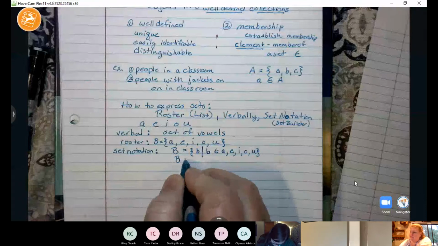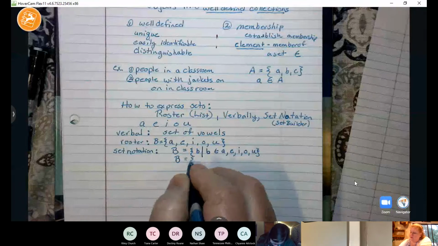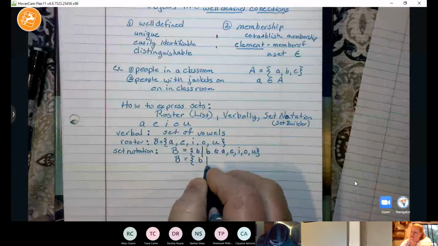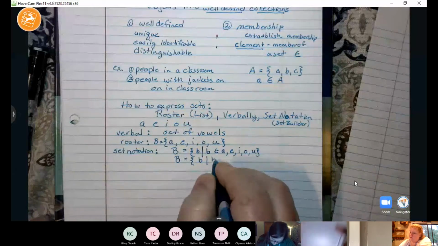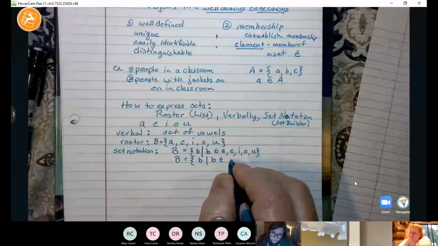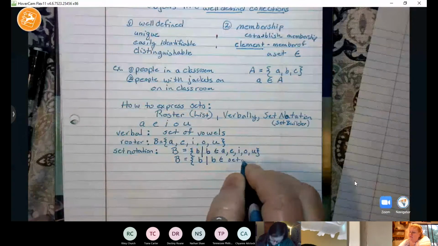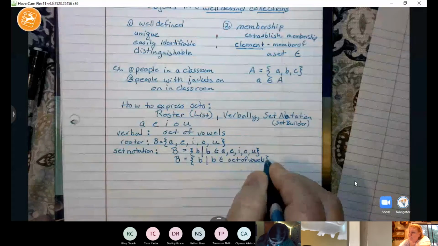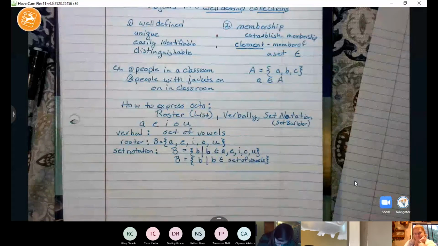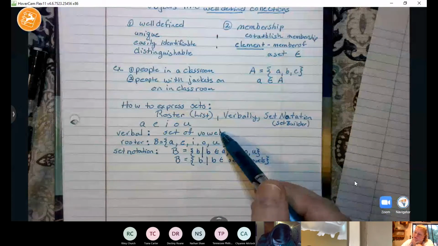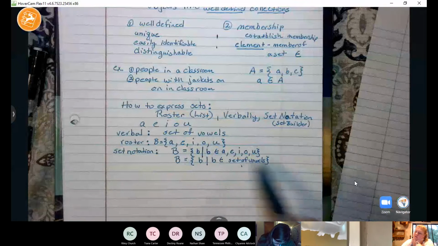Another alternative to that, you could also do set B, the element of B, such that B is a member of the set of vowels. So you can use the combination of the verbal description with that.